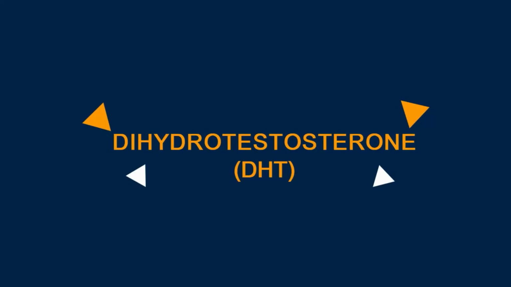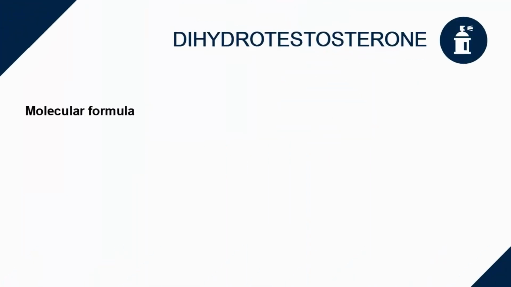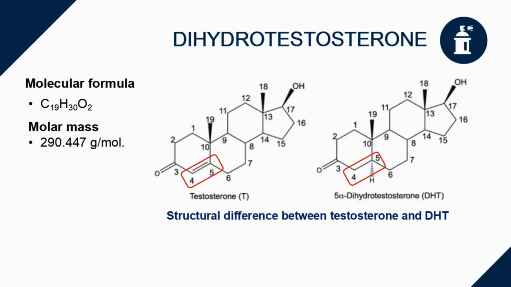Let's see the last molecule presented on this page, which is DHT, that is dihydrotestosterone. The molecular formula of dihydrotestosterone is carbon 19 H30O2, and the molar mass is 290.447 grams per mole.